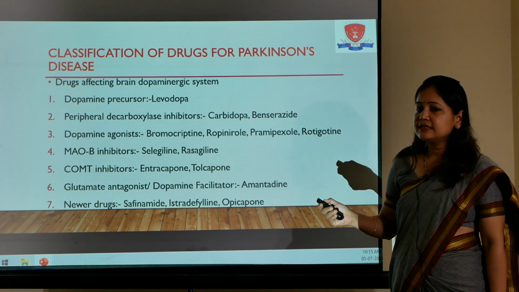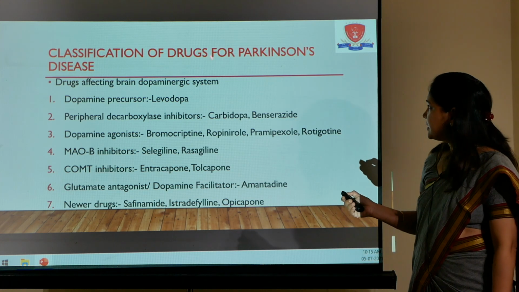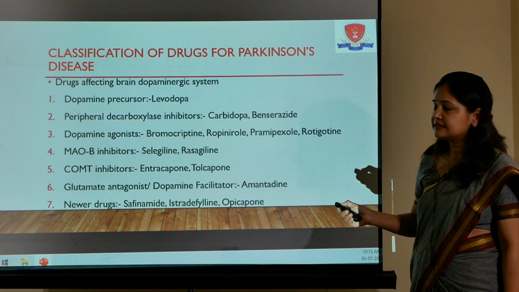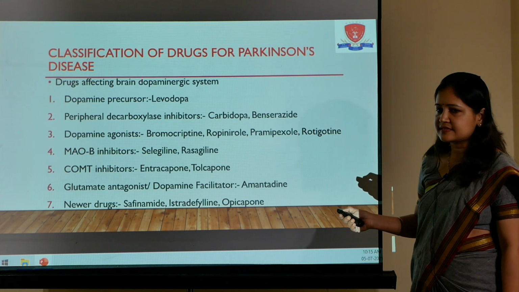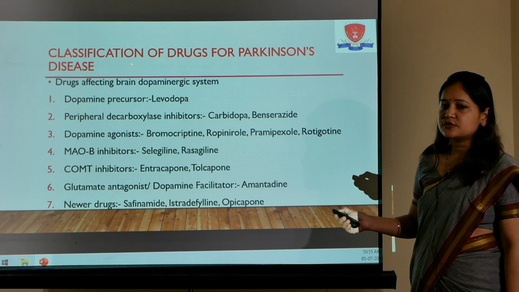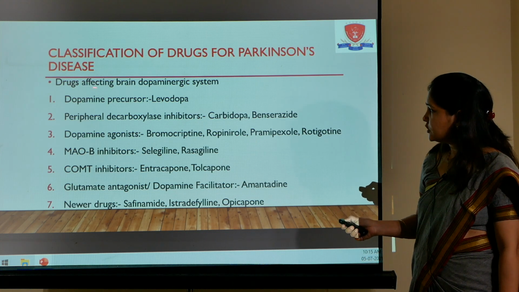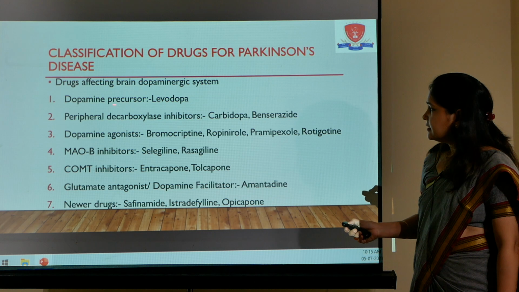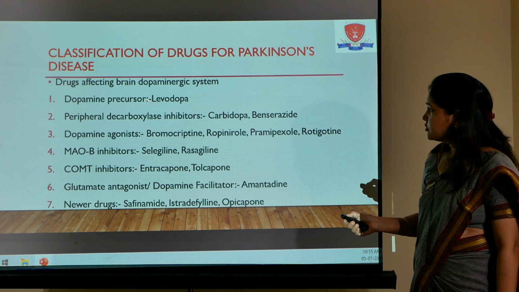Now the anti-Parkinsonian drugs are mainly classified as drugs which affect the brain dopaminergic system, increasing the dopaminergic activity. This includes dopamine precursors like levodopa, a very important class of this group.